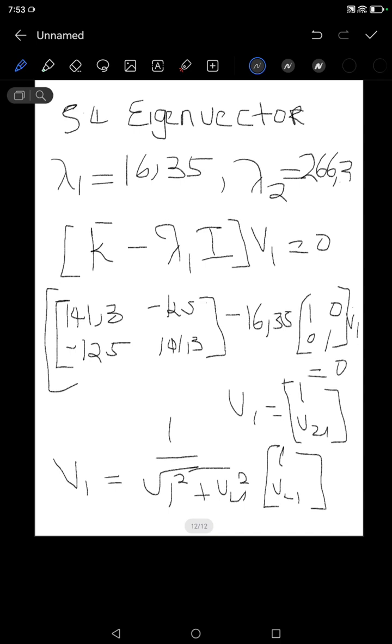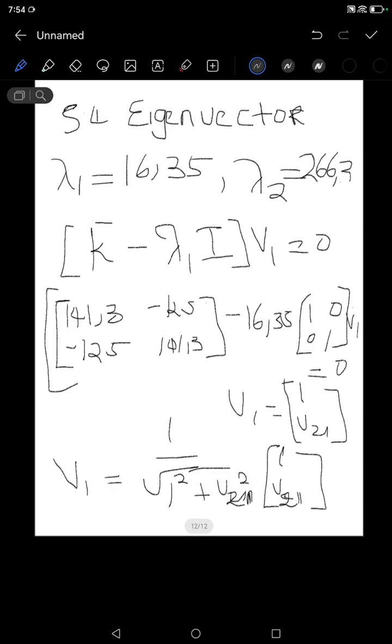You can use any number here. When we say v21, you can use v11, v22. Here we just write V1 in a vector form, and after getting v21, we substitute into this formula to get vector 1.